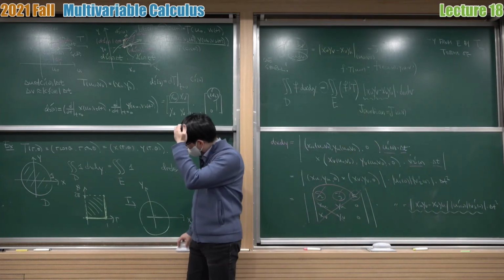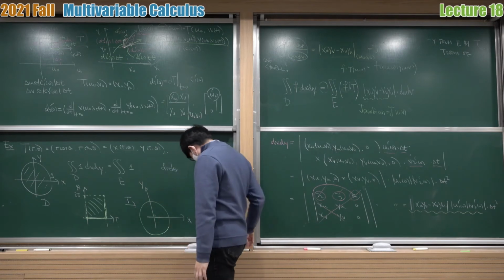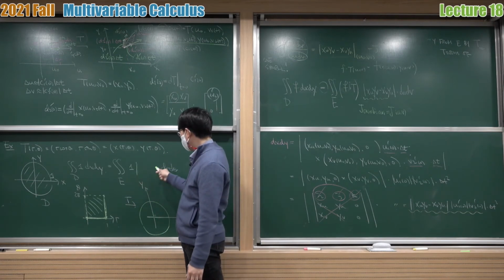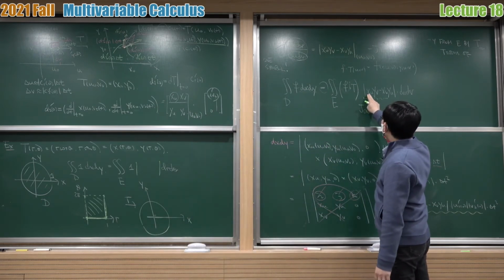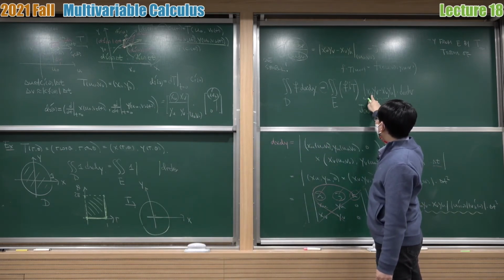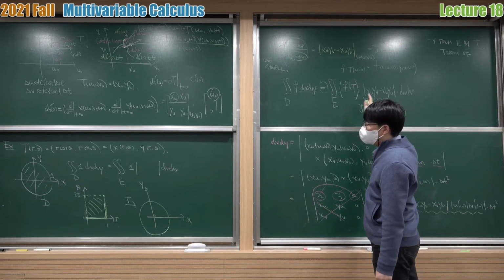So what's the thing that should go here? First of all, xy is xy, uv is changed to r theta.